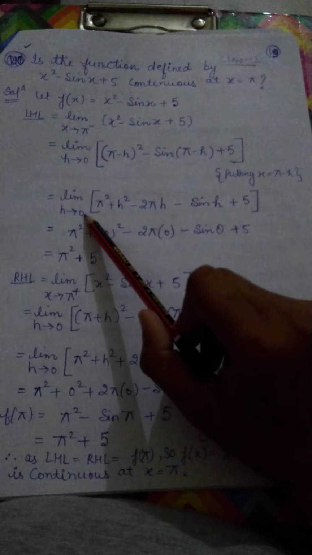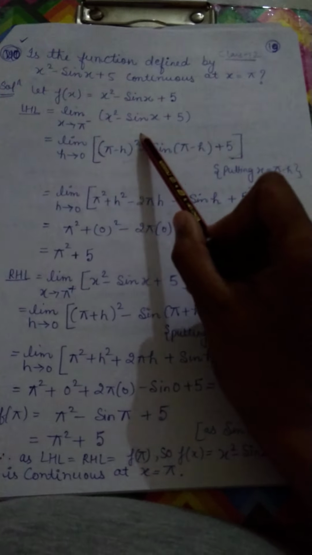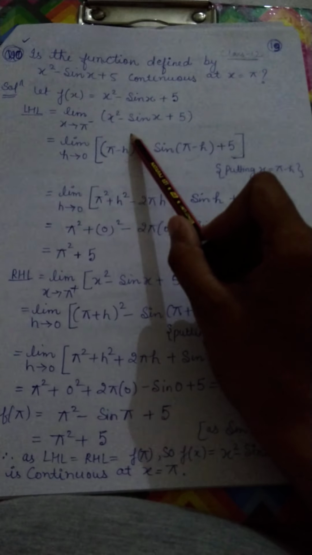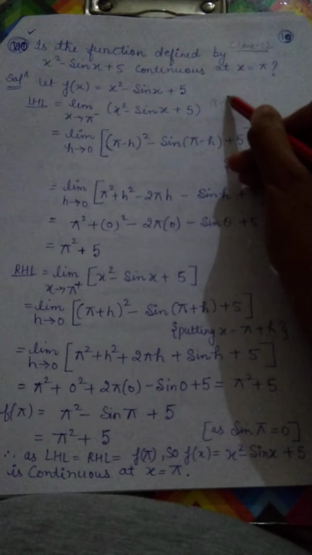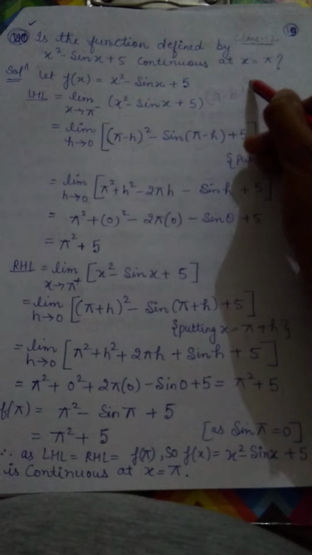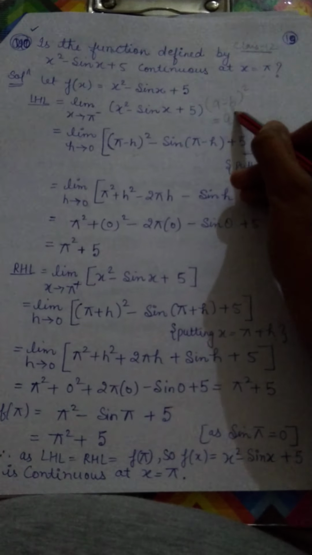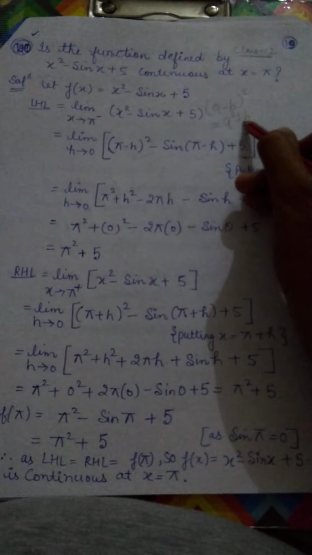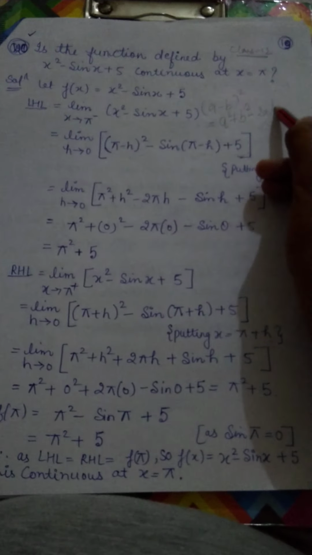h tends to 0, and I am opening this whole square. All of you already know that (a minus b) whole square is always equal to a square plus b square minus 2ab.